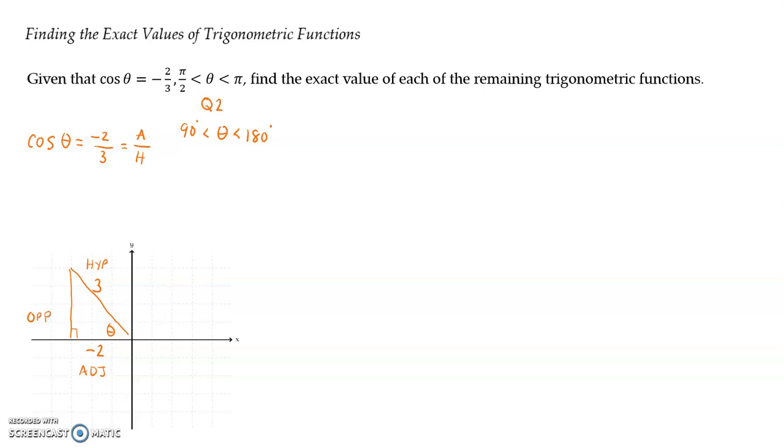So let's go ahead and use Pythagorean theorem. We've got a squared plus b squared equals c squared. When I square my negative 2, that's going to give me a positive 4.